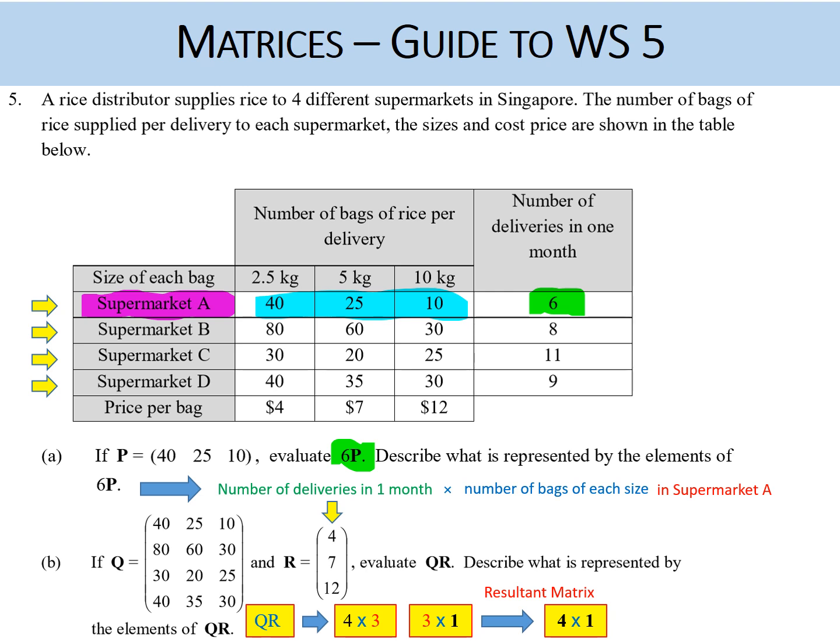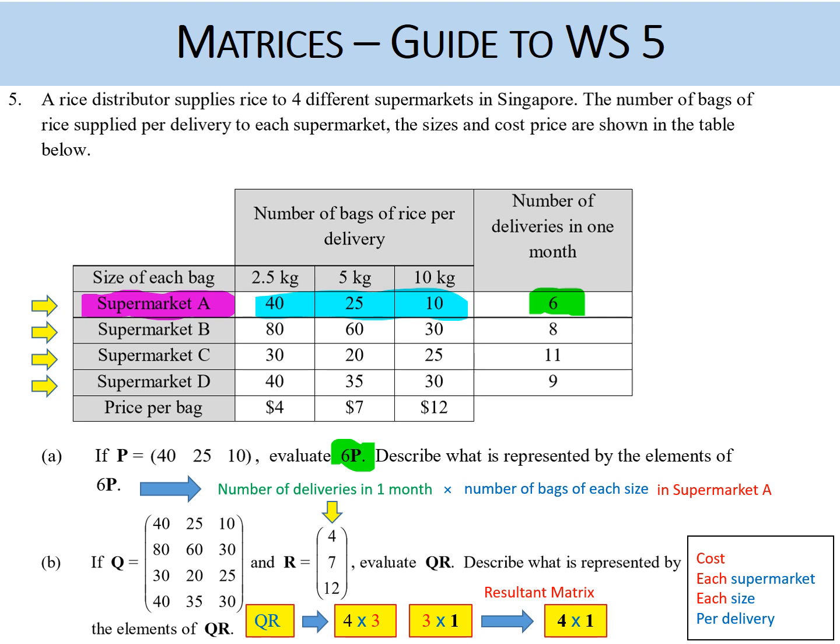So when you put all this information together, you must be able to derive a few things. So when you have number of bags and the price put together, so what you have is the cost. And for each row, referring to each supermarket, so in your description, you should also mention about the word each supermarket. And we are also referring to each size.